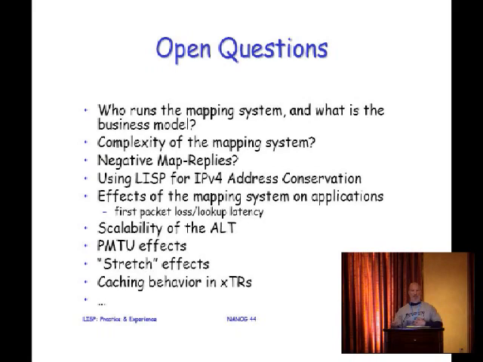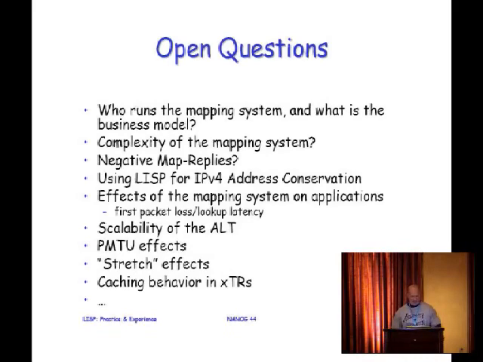Right now it doesn't know anything about LISP, and that was kind of a feature. We liked it because you could use a Zebra box or a Quagga box or any other box in there to run that. If it needs to return negative map replies, then maybe it's not going to be able to be a generic BGP speaker. We're trying to avoid that and think of ways to accomplish this by sending back coarse aggregates that the ITR could know were not there.